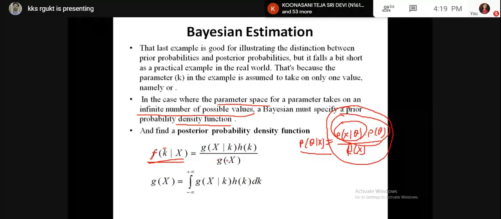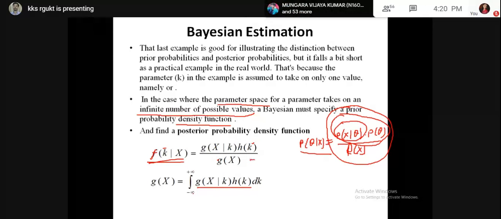The denominator, the evidence, is the summation of all the components. If you integrate the numerator from minus infinity to infinity, you will get the denominator. It means for each possible value of k, what is x?